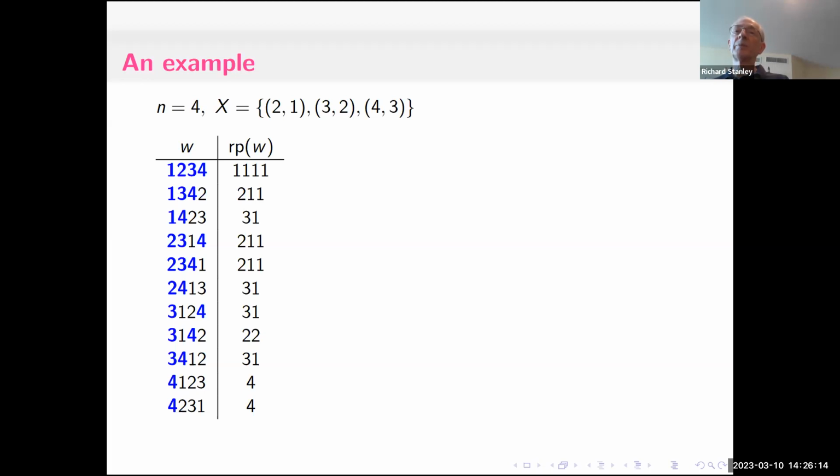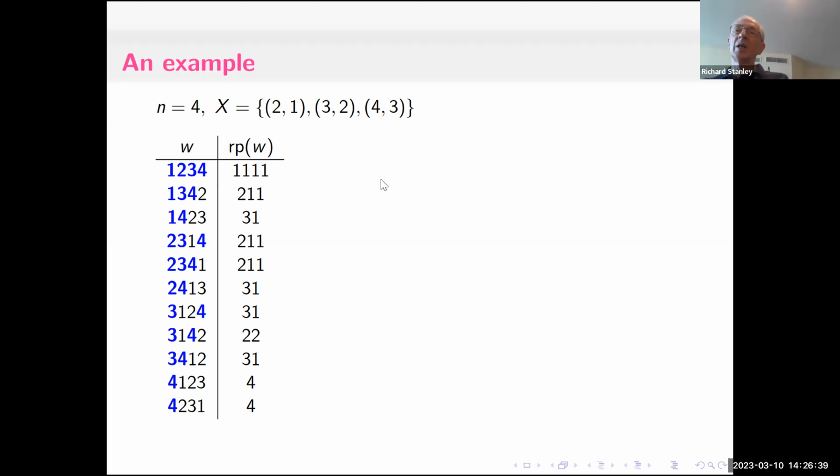Here is an example. I've taken n equals 4, and this example generalizes to any n, where we have descents only at consecutive integers: 2 1, 3 2, and 4 3. Actually, later I'll look at increasing pairs of consecutive integers.